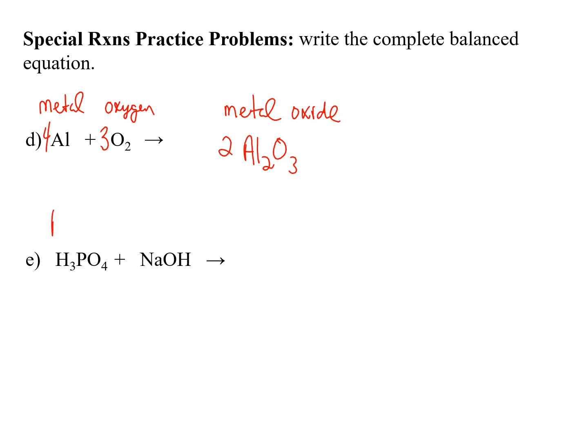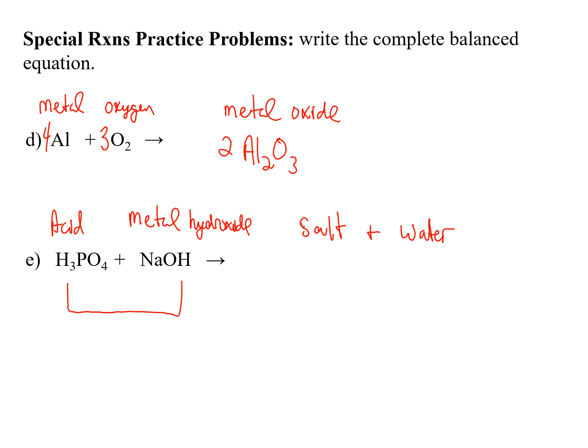In the last type, I have an acid plus a metal hydroxide. We have a compound and a compound. This is going to be a double replacement, but this is your acid-base reaction. And we're going to get a salt and water. Acids and bases react in a neutralization type reaction to give us salt and water.